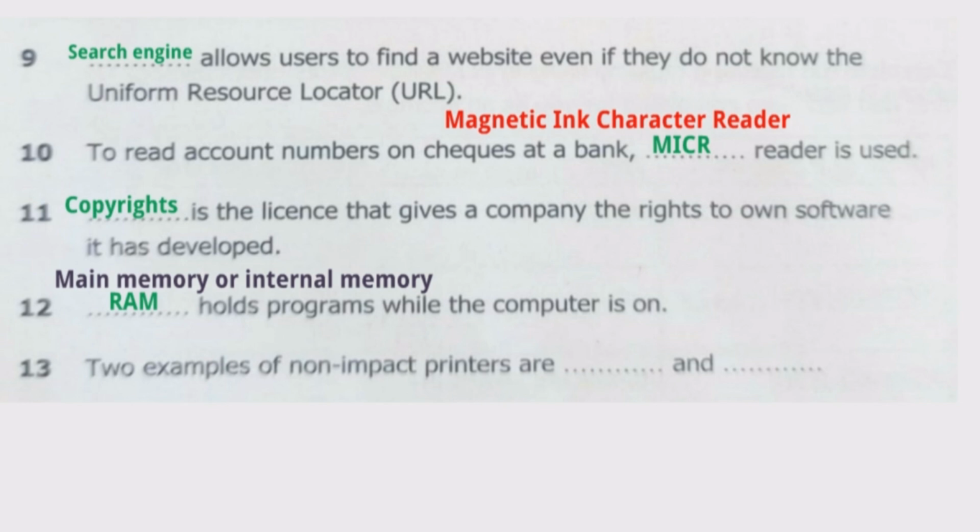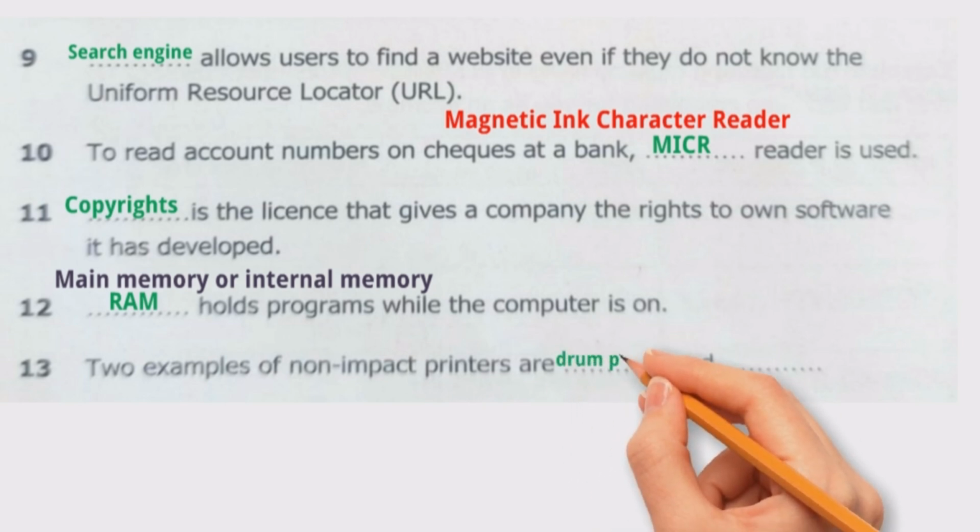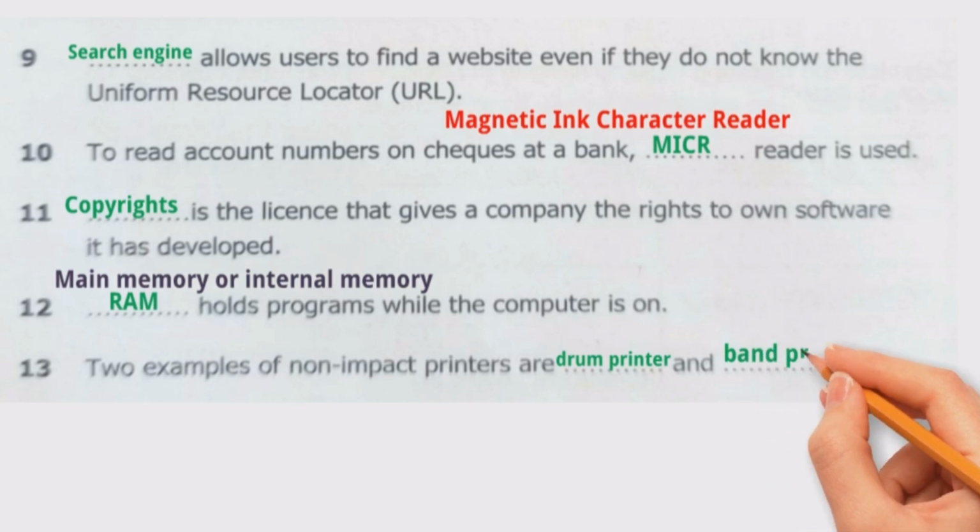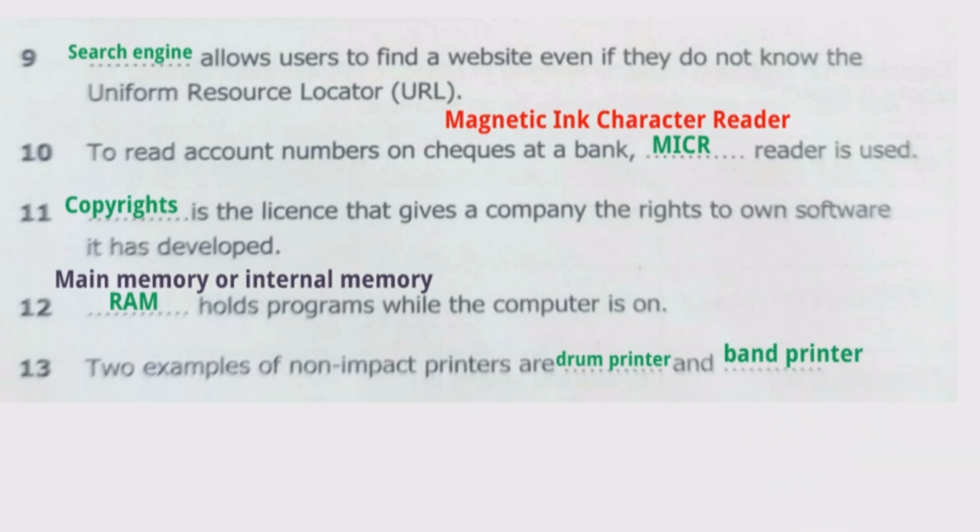Okay, so we come to question 13, which is: two examples of non-impact printers are dash. You can write drum printer and band printer, or you can also put inkjet.